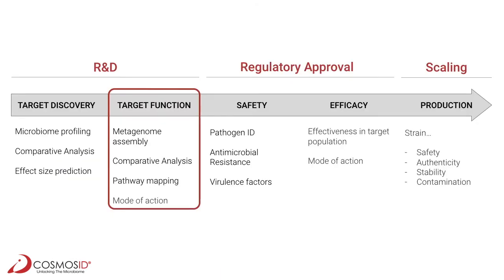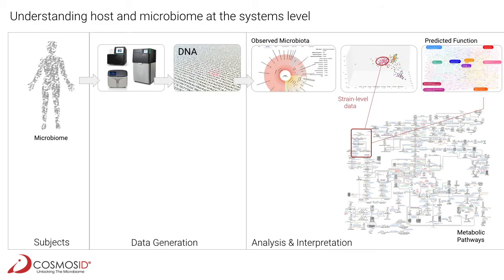Now, once you've identified your targets, the next important phase is to understand and delineate the mode of action by looking into the function that the targets can contribute to the human host. Traditionally, DNA sequencing is used to understand the human microbiome. DNA sequencing begins with obtaining a biological sample of the human microbiome, which is then converted molecular biologically into a sequencing library.